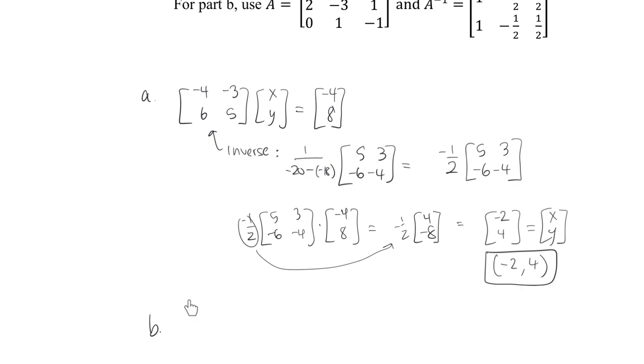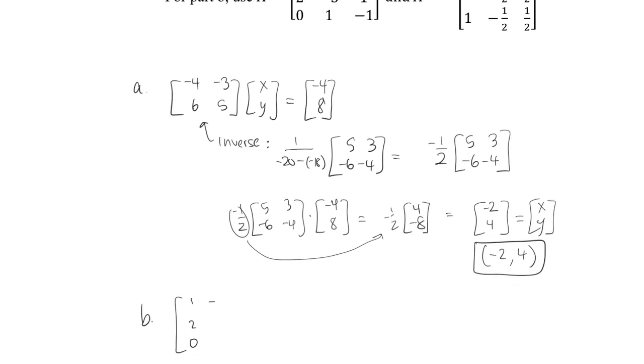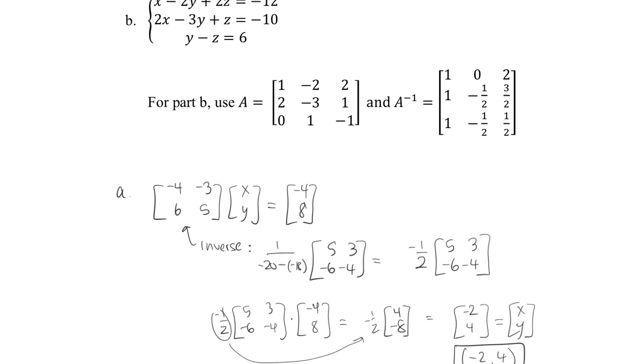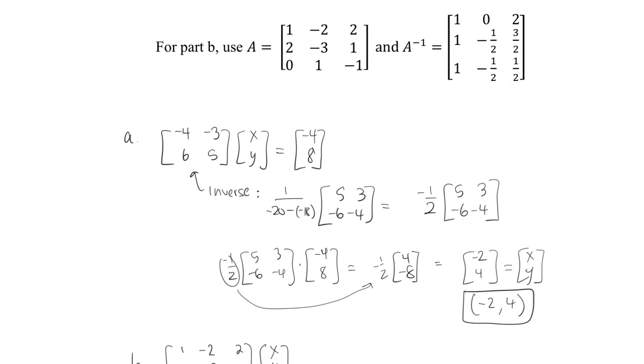So the coefficient matrix is actually given to us right here. This is A is equal to the coefficient matrix. So we have, and then the variables are x, y, and z. That's equal to negative 12, negative 10, and 6.